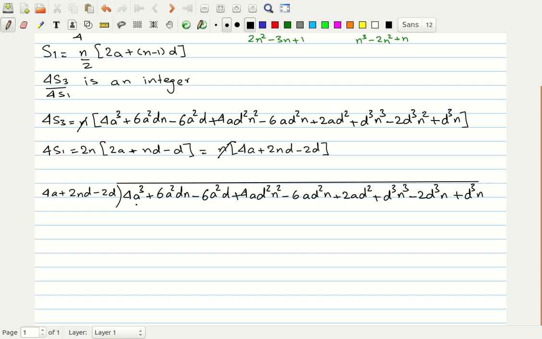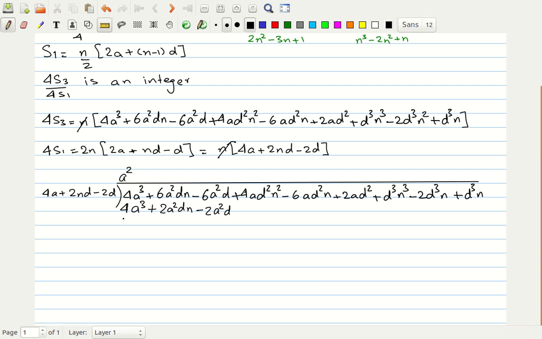Now 4a times a square, right? So we can write this as 4a times a square. So this is going to be 4a cube plus 2a square dn minus 2a square d minus 2a square d, right?